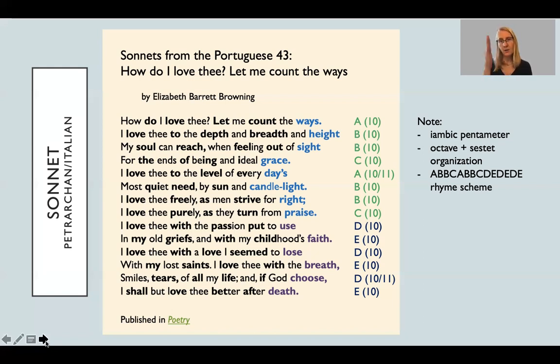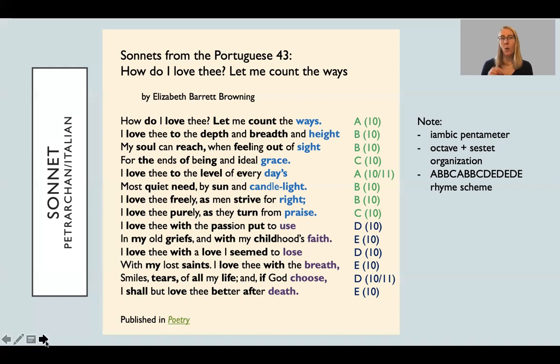And then on the outer margin there, I've included the rhyme. And so when we're trying to scan or analyze a poem in this way, we often use letters to represent those sounds. And here, Browning has chosen an ABBA rhyme scheme.